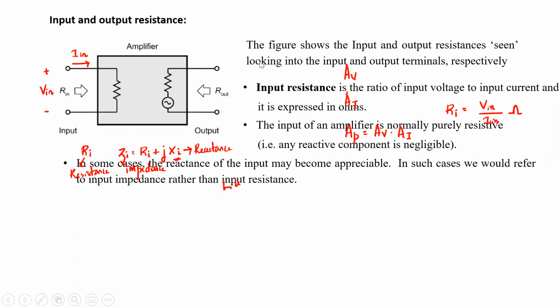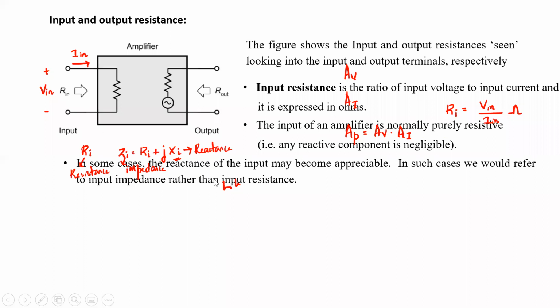So this is simple. Input resistance is the ratio of input voltage to input current, and this is normally in ohms. This is purely resistive because the reactance part is 0. If the reactance part is not 0 and is appreciably big, then in place of R in, we consider Z in, that is the input impedance.